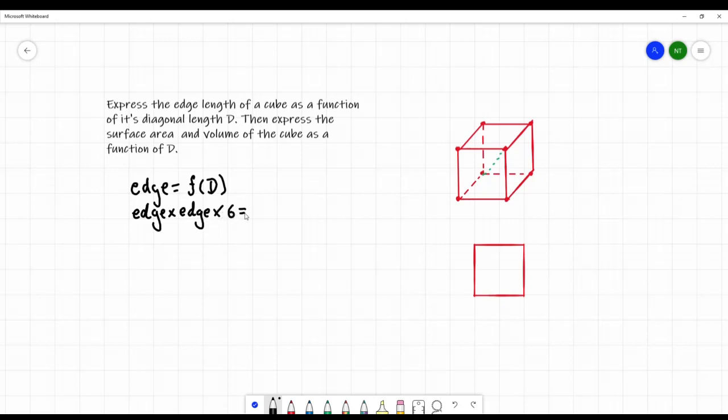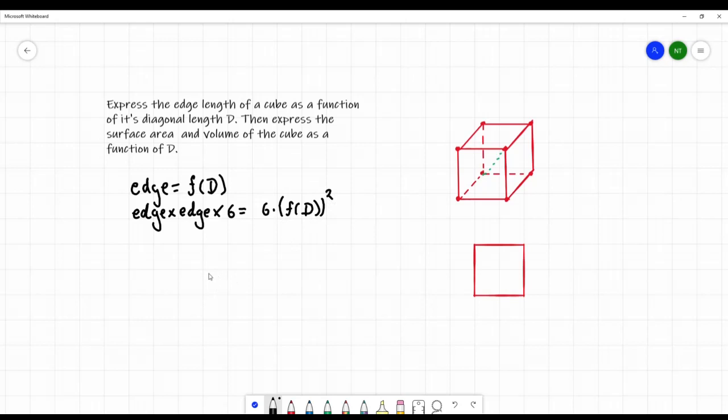Or we could write it like 6 times f of d, the edge, squared, right? So this function d squared.